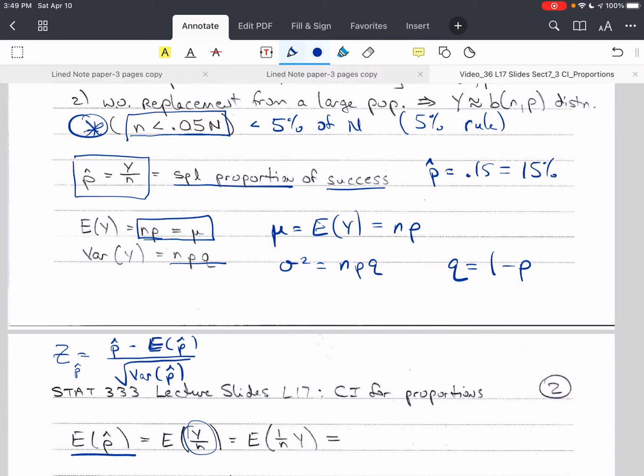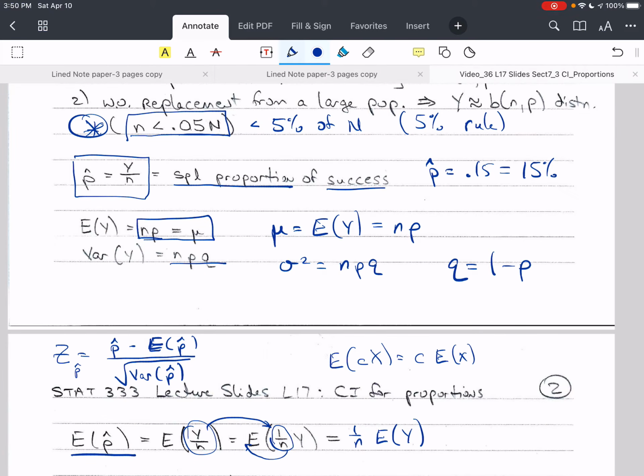I can rewrite Y divided by n as 1 over n times Y. And if this is a constant, then it simply comes out. We have that property that says the expected value of a constant times a random variable is equal to the constant times the expected value of the random variable. So 1 over n E of Y.